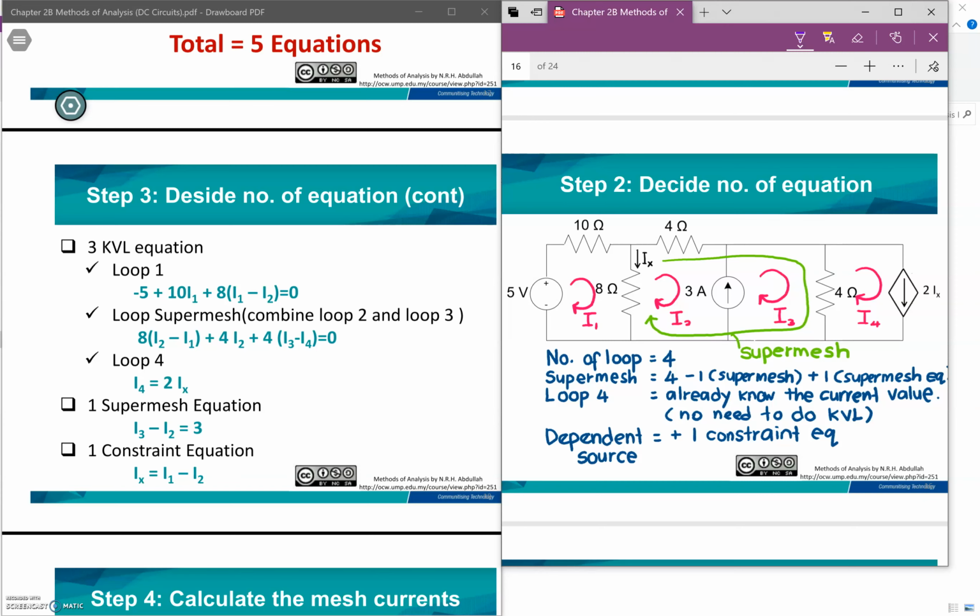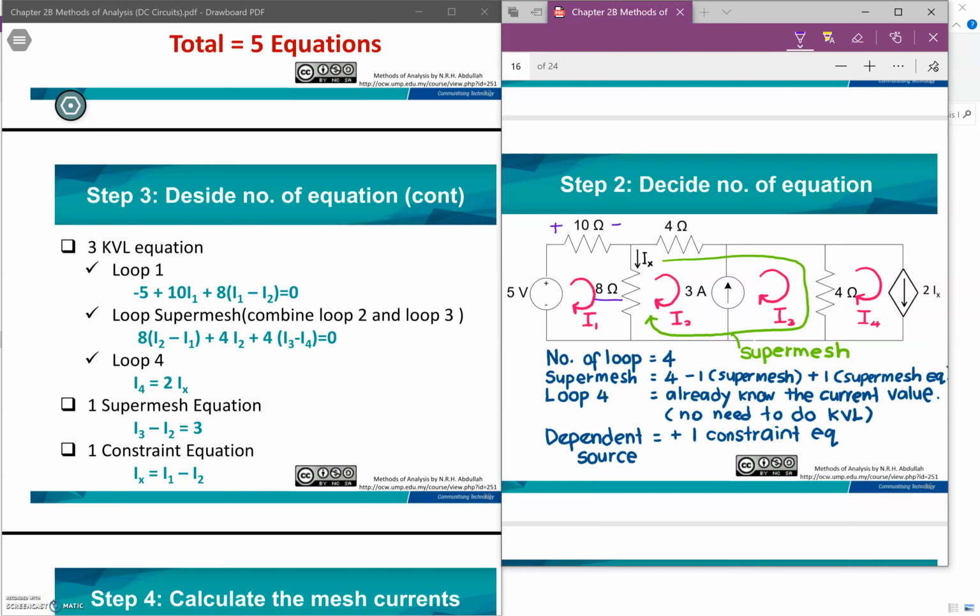We do the KVL at the first loop: minus 5 volt, plus 10 times the current I1, and then plus 8 times I1 minus I2, because the 8 ohm is sharing the current in between I1 and I2, so you have to do a subtraction of I1 minus I2, and then equal to 0. So finish for the first loop.